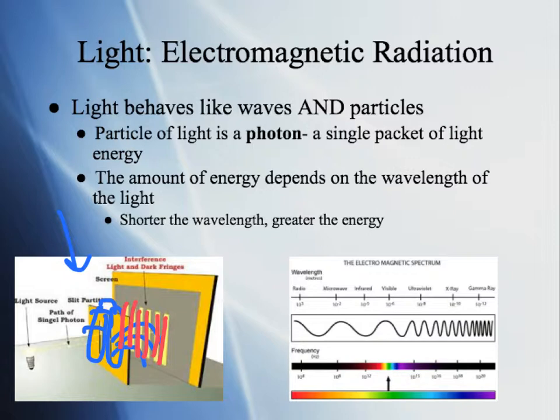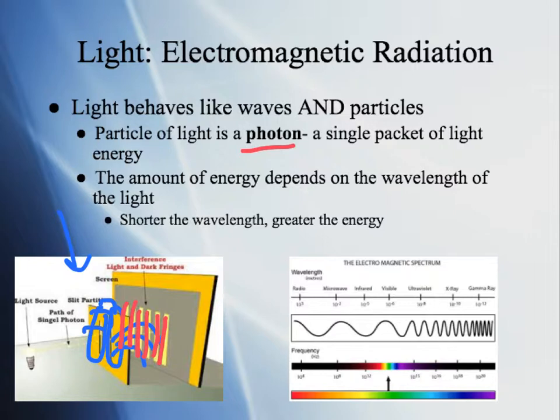So let's talk about the particle portion of light. So that is the photon, and it's a single packet of light energy, and the amount of energy depends on the wavelength of light. So they're kind of related. The shorter the wavelength, the greater the energy.